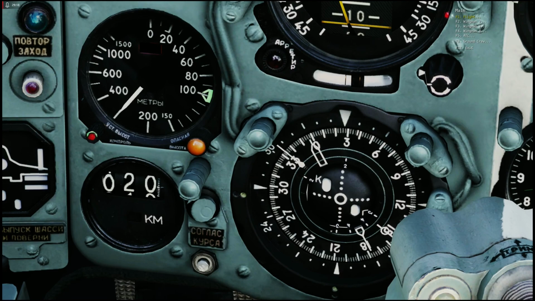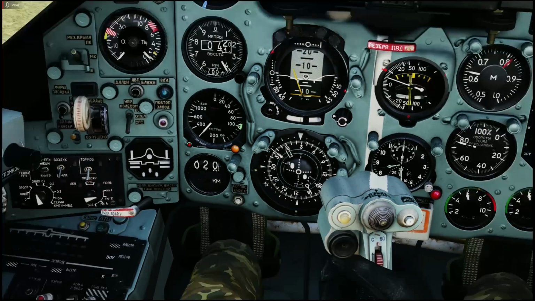If I want to go to steer point 2 along the briefed route, I need to go to the left. But if I want to go directly to it, I follow the bearing needle and not the course deviation needle. So let's try to go directly to steer point 2. So roughly 330.